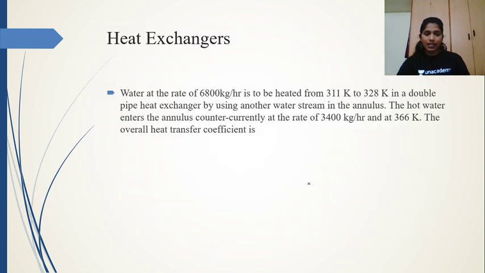Okay. So next one, heat exchangers. What is the given data? Water at the rate of 6800 kg per hour is to be heated from 311 Kelvin to 328 Kelvin in a double pipe heat exchanger by using another water stream in the annulus. So here we have an annulus.